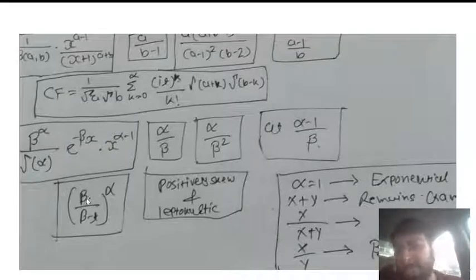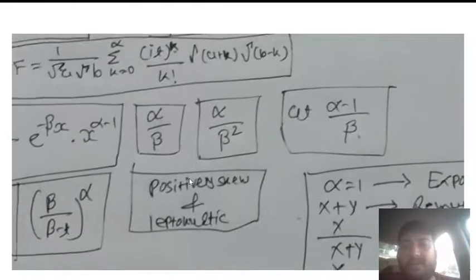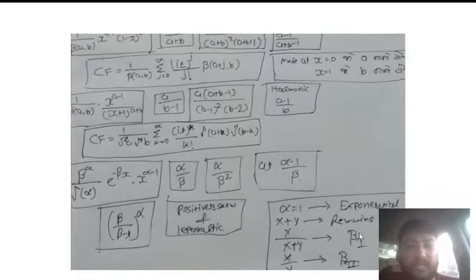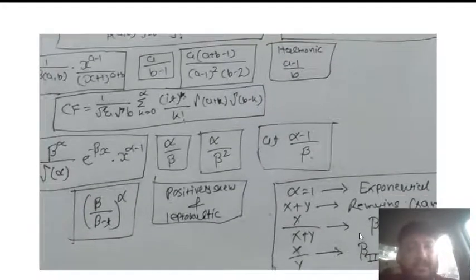Now the MGF, moment generating function of the gamma distribution, is beta upon beta minus t all raised to alpha. It is positively skewed and leptokurtic, and it has a lot of relationships with other distributions.